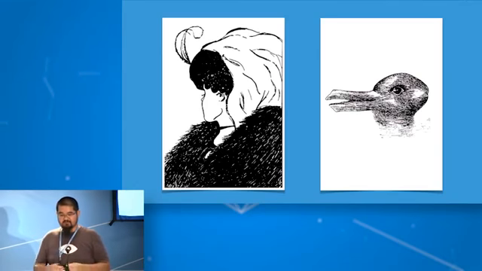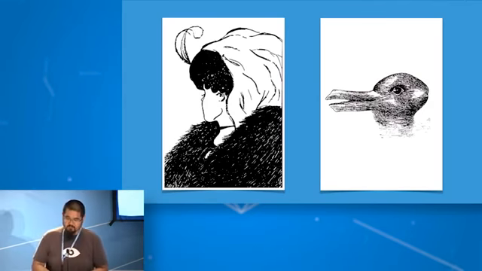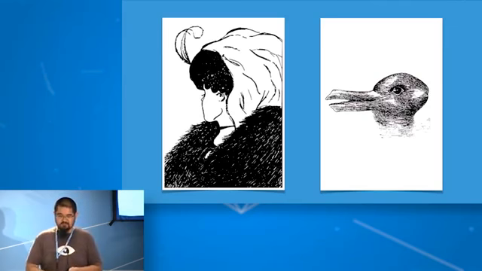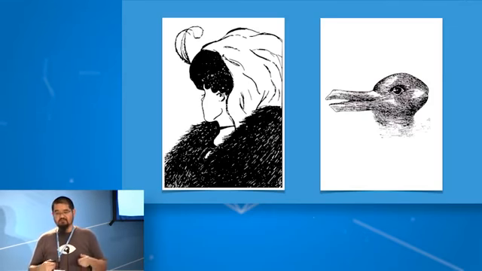Or you can interpret it as an old woman, where the young woman's cheek is the old woman's nose, the sort of choker on the young woman is now the old lady's mouth. Or you can see an ambiguous figure on the right here, this duck-rabbit illusion, where depending on how you choose to interpret the different pieces of this image, you can see it as either a bunny rabbit or as a duck.